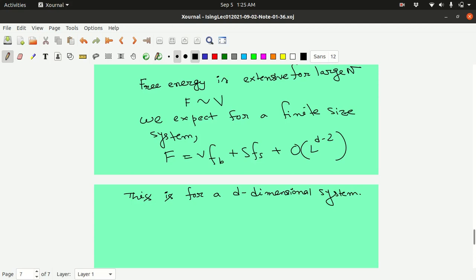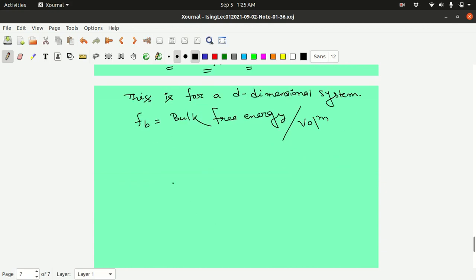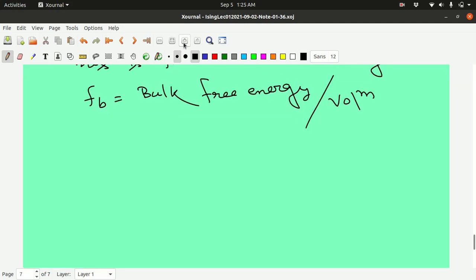So what does it mean? The free energy contribution depends on the bulk free energy plus the surface free energy, and this F_B and F_S. F_B is basically the bulk free energy per volume, and F_S is the surface free energy per area.